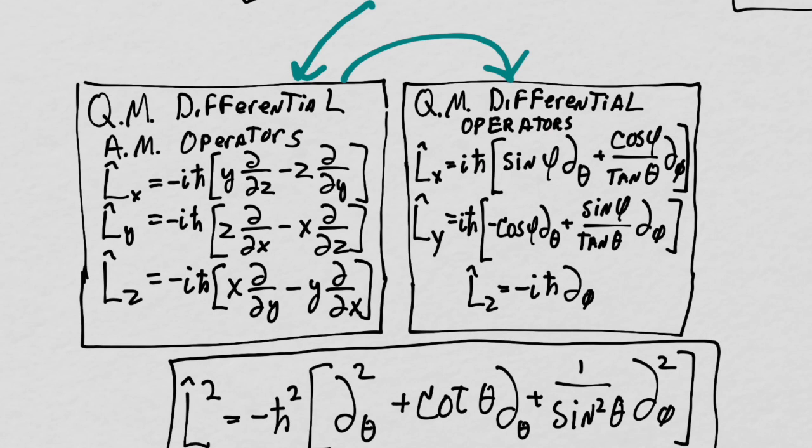So the difference is, in Lx, Ly, and Lz, you're going to see all three of the variables appear in these expressions. You've got x, y, and z. But in spherical coordinates, a nice thing happens where the r value goes away. The three coordinates would be the radial coordinate, latitudinal coordinate, and azimuthal coordinate.